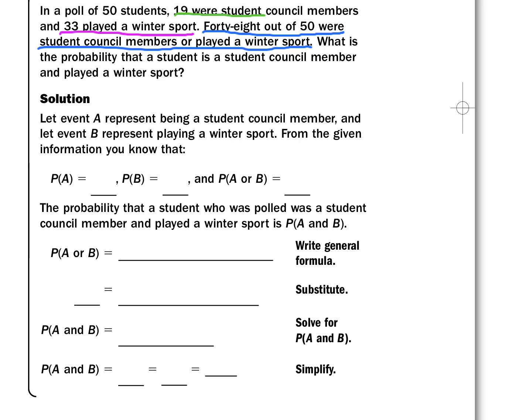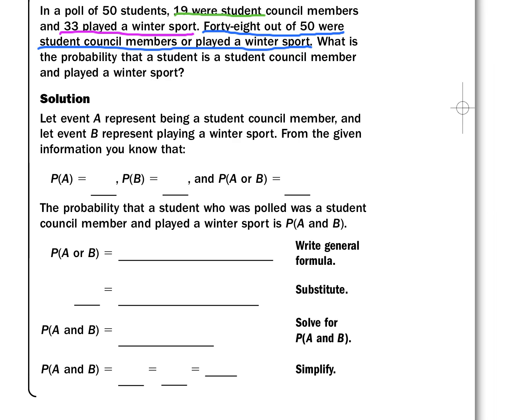So what was the probability that a student is a student council member and played a winter sport? Let event A represent being a student council member, and let event B represent playing a winter sport.